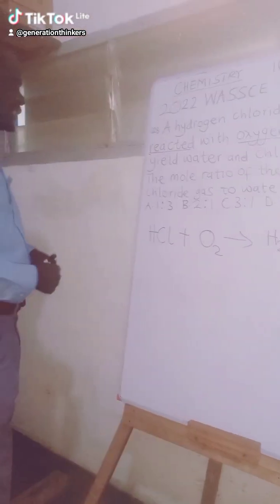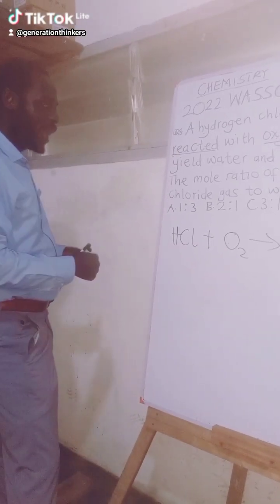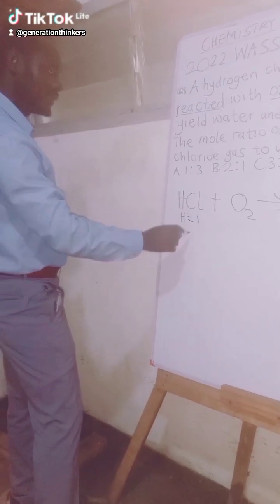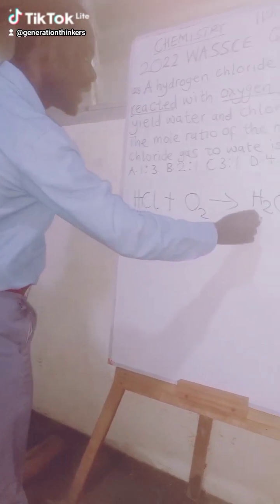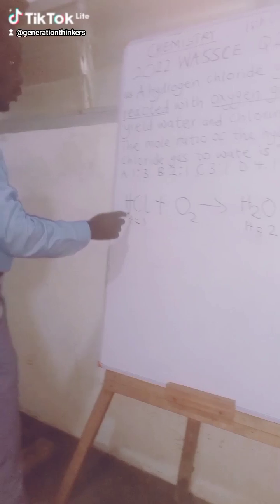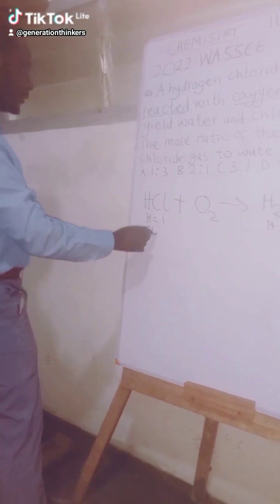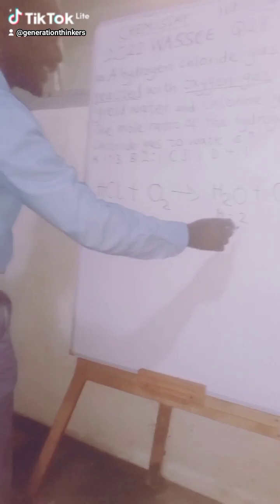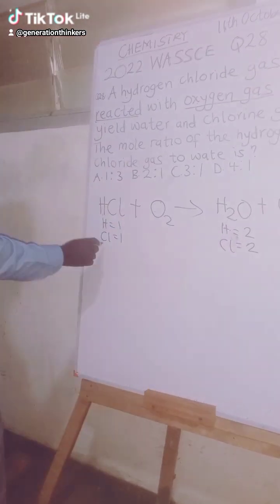So if you look at the equation, hydrogen on the reactant side is 1, and hydrogen at the product side is 2. Chlorine is 1, chlorine on the product side is 2.